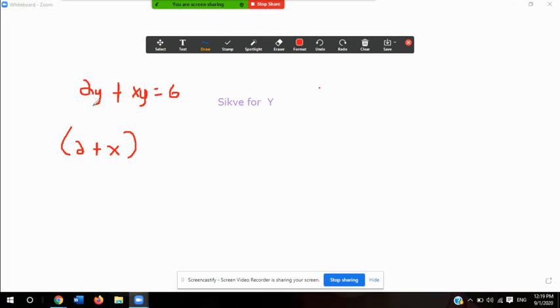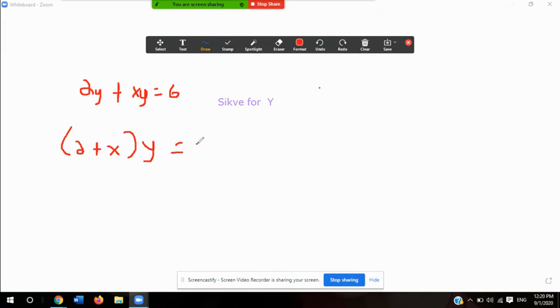So what we're going to do now is simply work backwards and express this as a multiplication or as a distributive property, in which case all we did was say 2 plus x. And in order to get these results, I had to multiply that by y. And of course, equals 6.